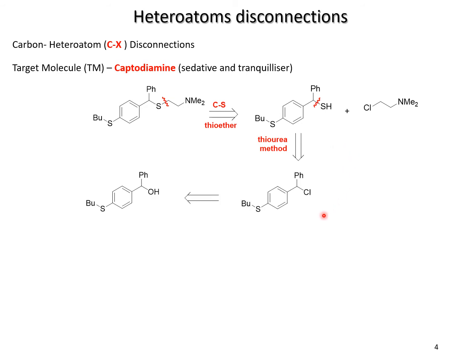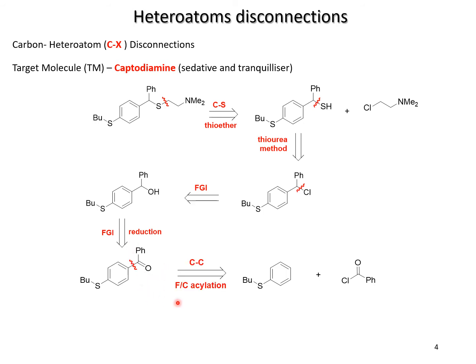In this case, we will start, from the retrosynthesis point of view, from the chloride, which via FGI can be obtained from an alcohol, which again, with another FGI, we can imagine starting from a carbonyl here. The carbonyl, in terms of retrosynthesis, can be obtained by a simple Friedel-Crafts acylation.